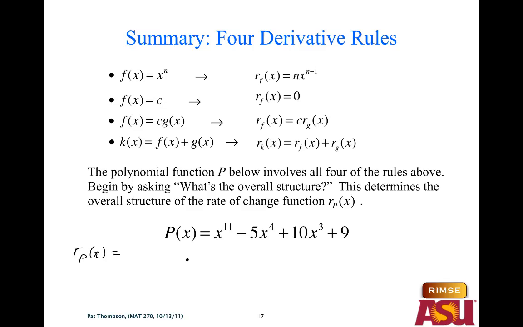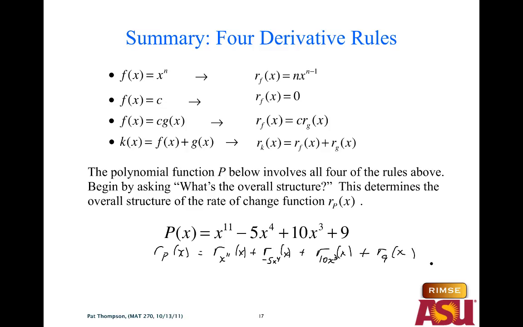P of x equals the sum of the rate of x to the 11th, plus the rate of change of negative 5x to the 4th, plus the rate of 10x cubed, plus the rate of change of 9.